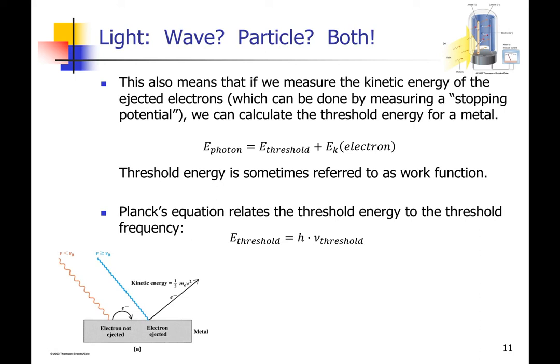I already mentioned this idea of the stopping potential. Measure how much potential is required to stop those electrons. If we do that, we are then able to calculate the minimum energy required to eject an electron.